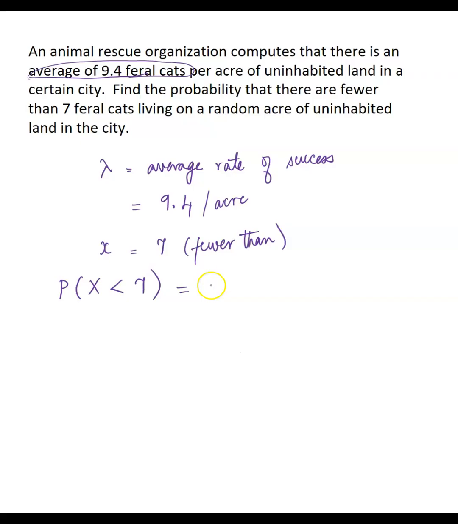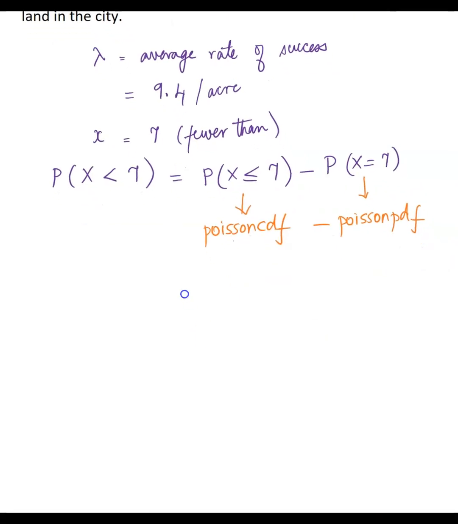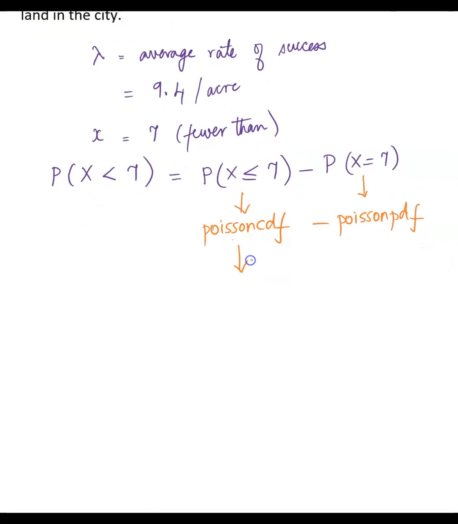So what I have to do is find when it is less than or equal to 7 and subtract from it when it's exactly equal to 7. That way I can use the Poisson CDF minus Poisson PDF.